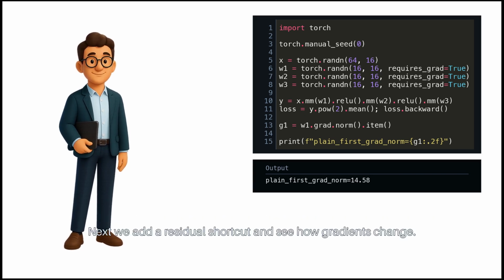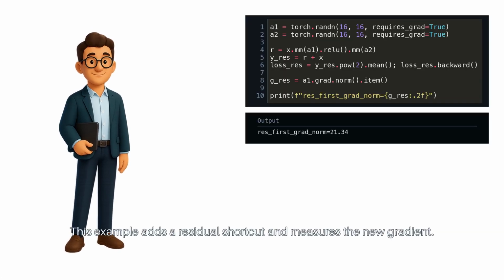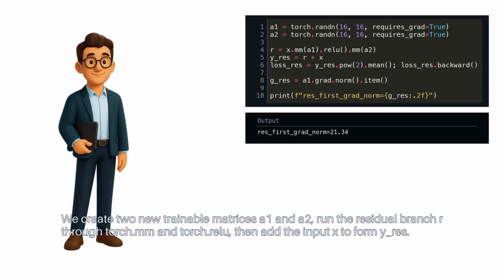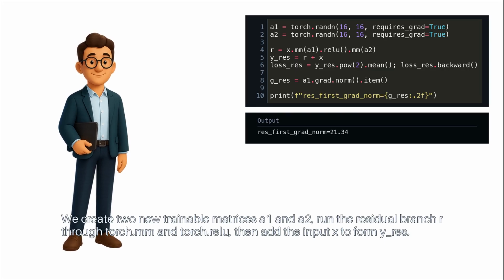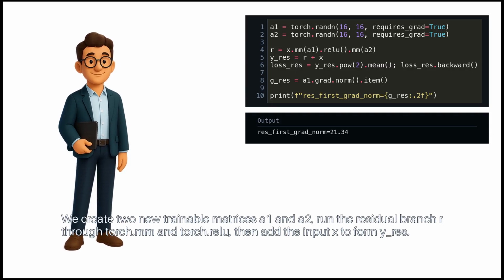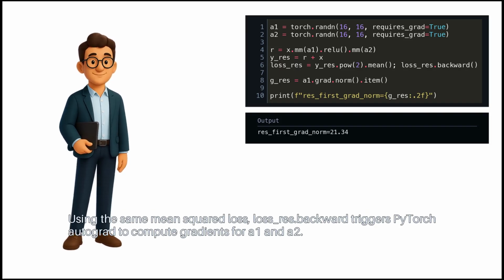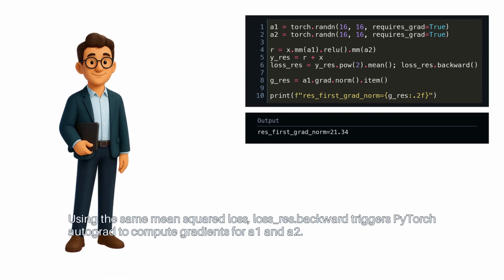Next, we add a residual shortcut and see how gradients change. This example adds a residual shortcut and measures the new gradient. We create 2 new trainable matrices, A1 and A2. Run the residual branch R through torch.mm and torch.relu. Then add the input X to form Y_res using the same mean-squared loss. loss_res.backward triggers PyTorch autograd to compute gradients for A1 and A2.